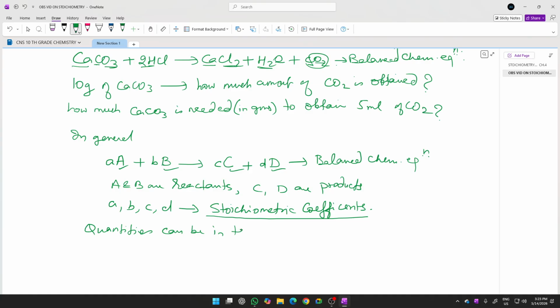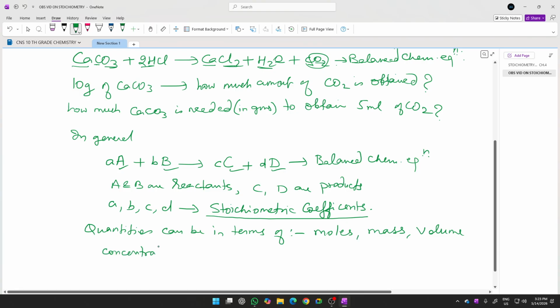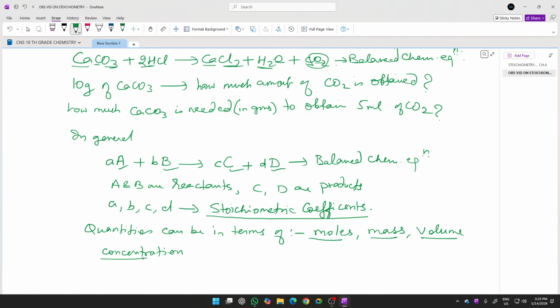Quantities means any reactant or any product can be in terms of, say, moles, or it can be in terms of mass, or it can be in terms of volume, or it can be in terms of concentration. Okay, moles, mass, volume, concentration.